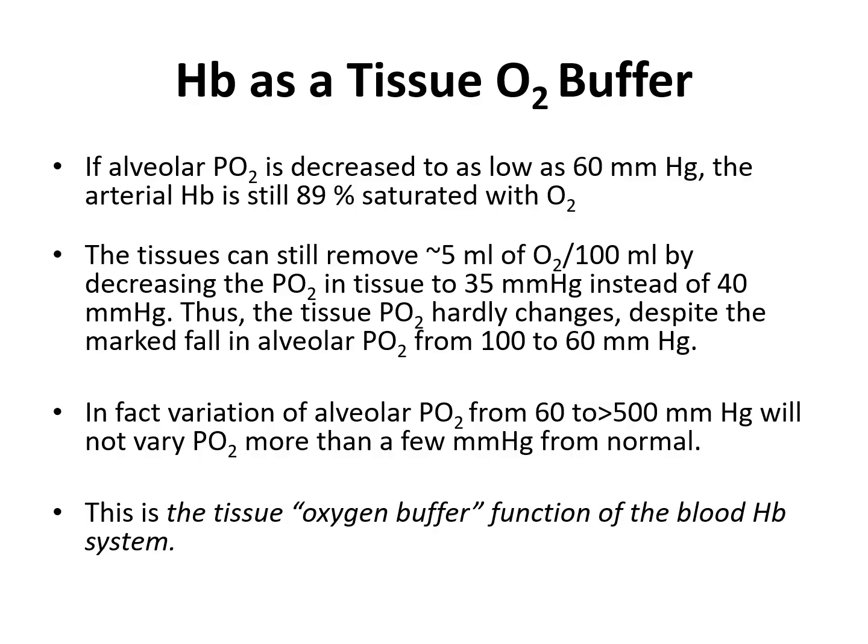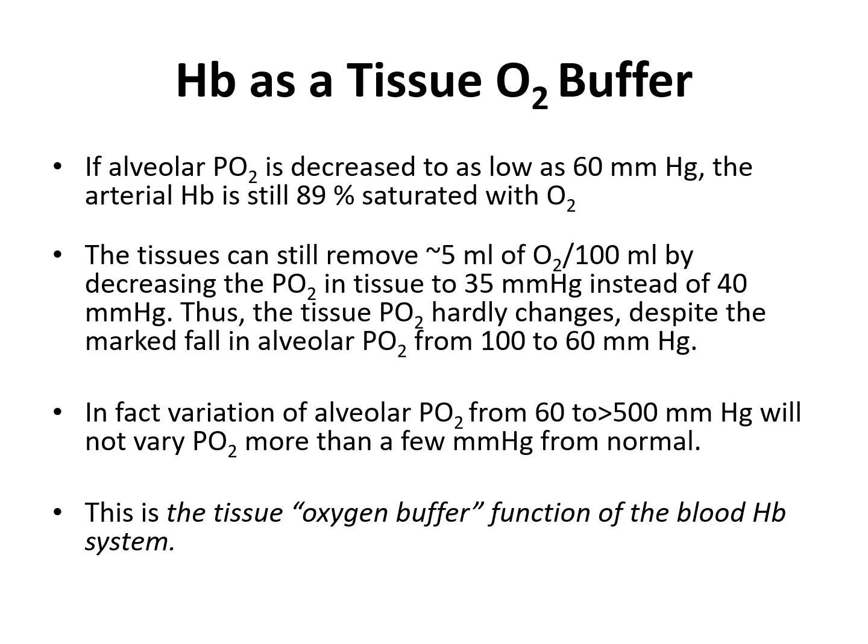So hemoglobin, therefore, if you look at the curve, serves really as a buffer, not only for acid base, but also for tissue oxygen. So if alveolar PO2 is decreased to 60 millimeters mercury, not 100, and there is a situation where there is a decreased oxygen supply, the arterial hemoglobin is still 89% saturated if you look at the oxygen dissociation curve.